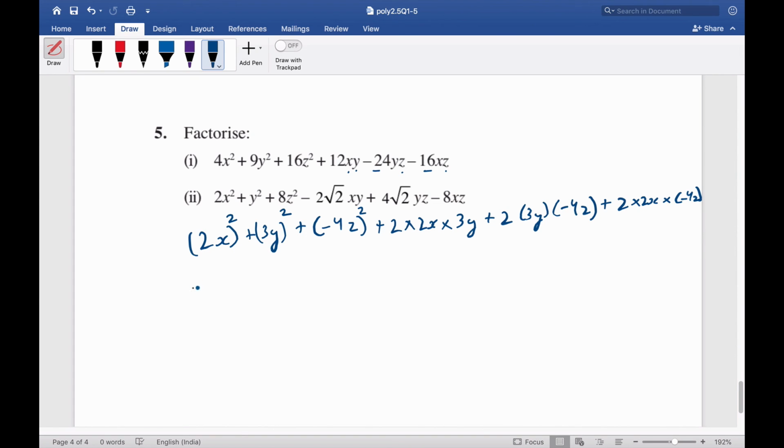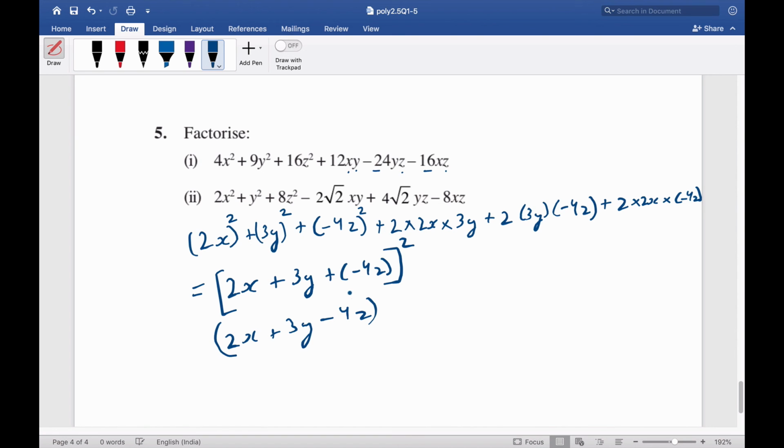So it should give me (a + b + c)², and then I can write it as (2x + 3y − 4z)².